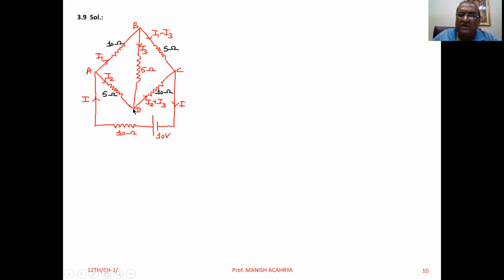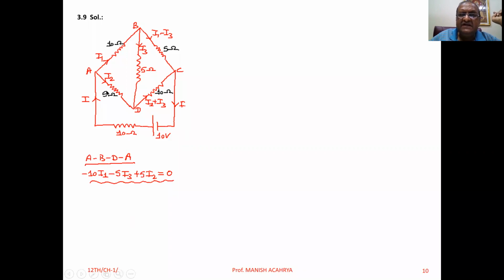Now I2 current enters D, this I3 current enters D, and when both leave D, then the branch DC will give you the current I2 plus I3. And finally, when I1 minus I3 enters C and I2 plus I3 enters C, and when it leaves, here we'll get the resultant current I. Clear? Now we have to find all these currents in each branch. Means we have to find I1, I2, I3. This type of illustration we solved.